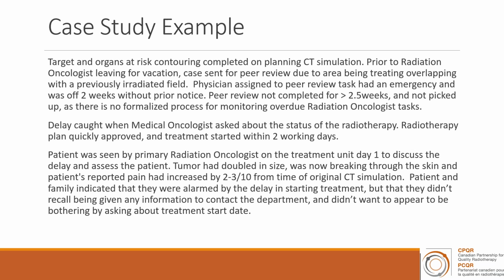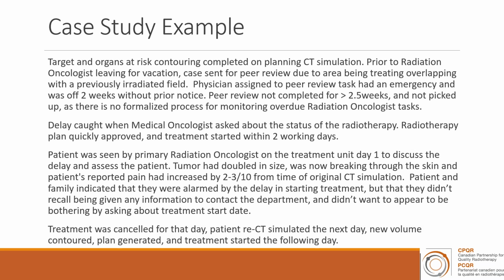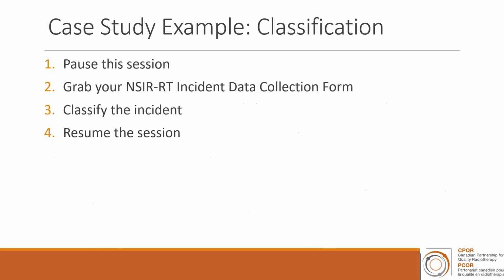Go ahead and work through that with your MDS now, and then rejoin me on this session. Oh, one last thing, sorry. Treatment was canceled for that day. Patient was re-CT simulated the next day. New volumes were contoured and the plan was generated and treatment started the following day. Now go ahead and pause this.